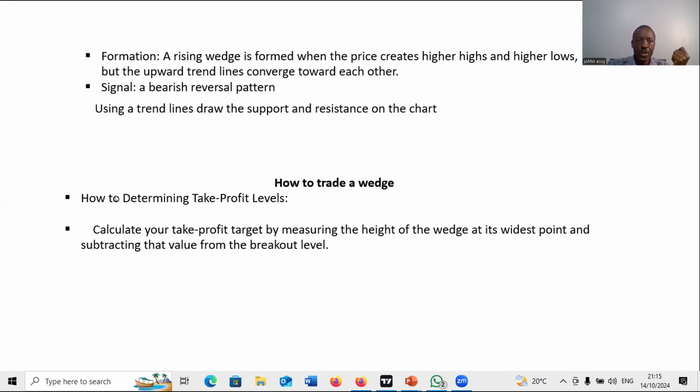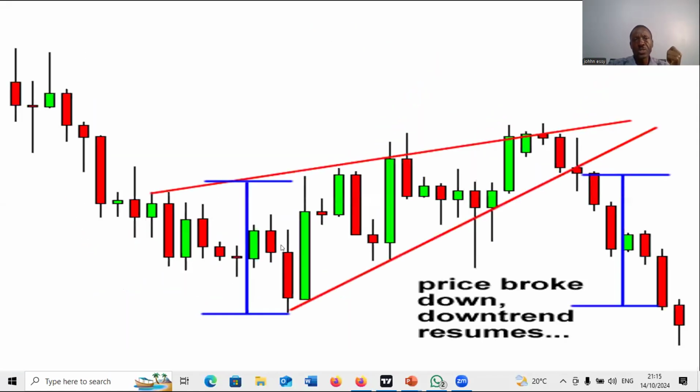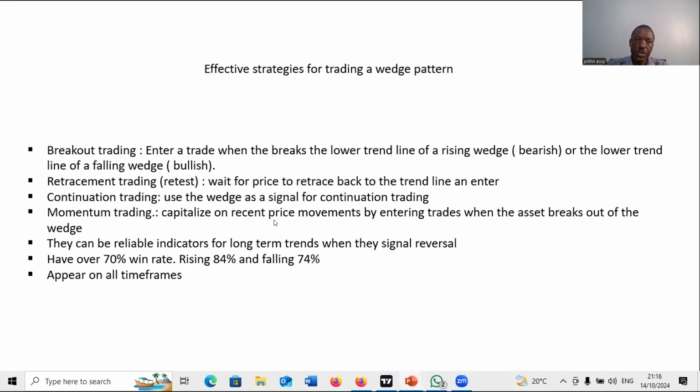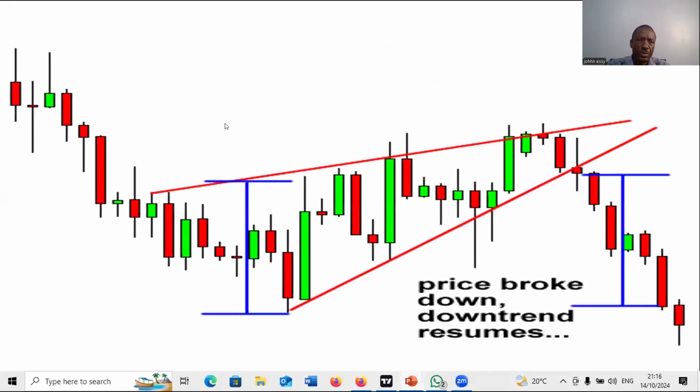When you want to trade a wedge, let me just show it somewhere. Yes, after you have drawn the wedge, then you look at the wider part of the wedge. It forms like this. This is the way the wedge forms.